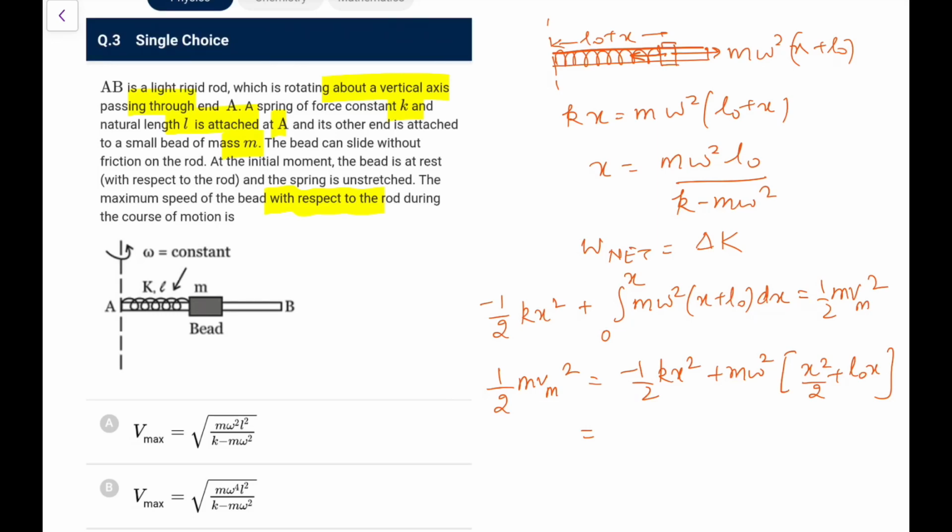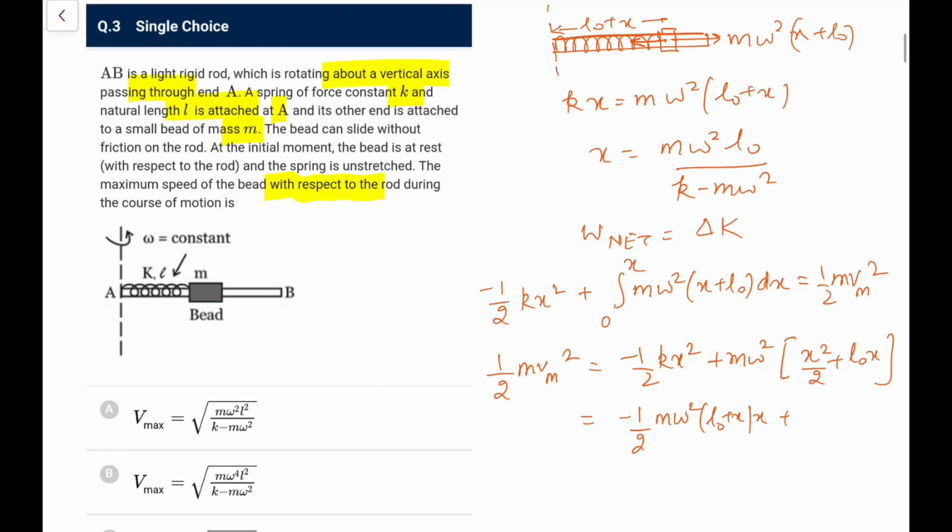Putting kx as m omega square (L naught plus x), it would be better: half m omega square (L naught plus x) times x, plus m omega square (x square plus 2 L naught x) by 2.